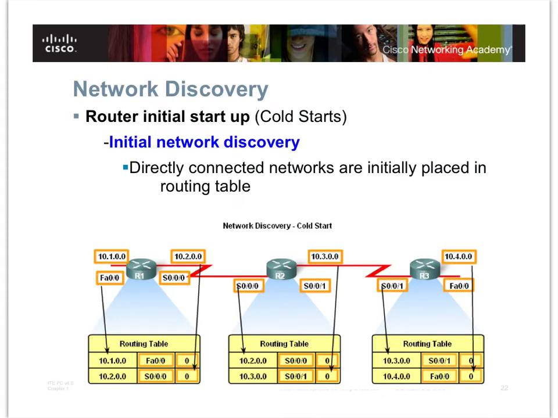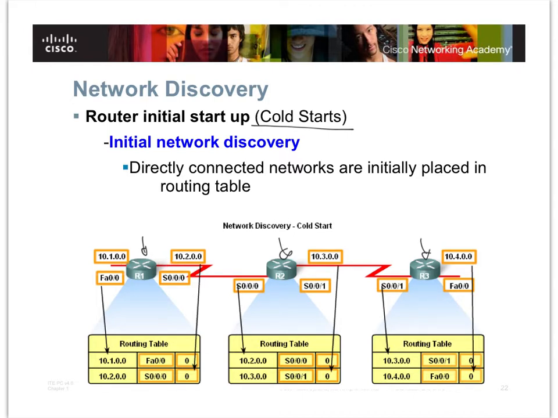So for the different phases for dynamic routing protocols, the first phase is what we call the cold start. For cold start, each router will individually and independently collect information about the directly connected routes. The directly connected routes get detected automatically once the interface is activated or started.